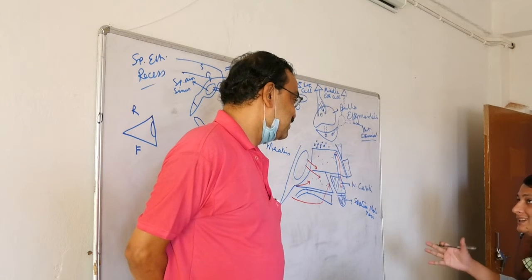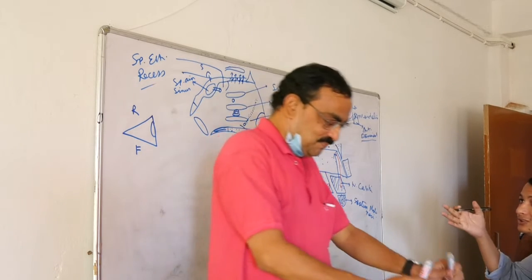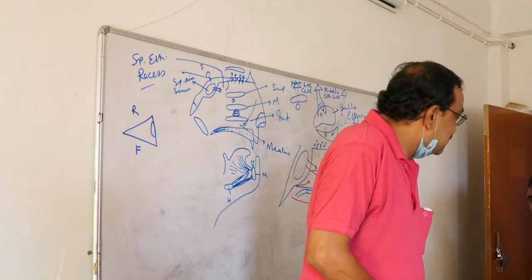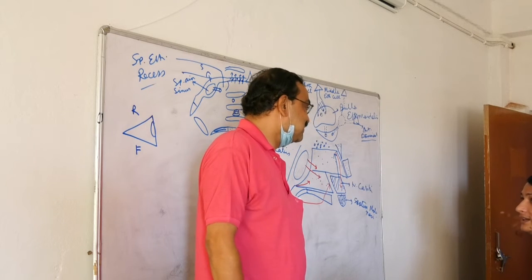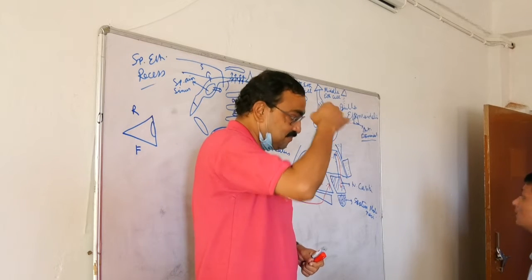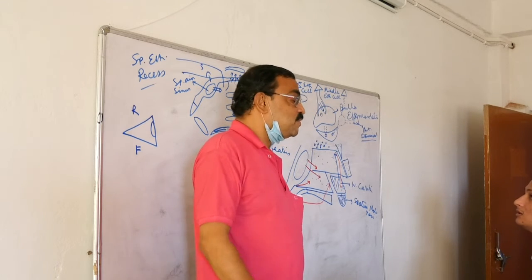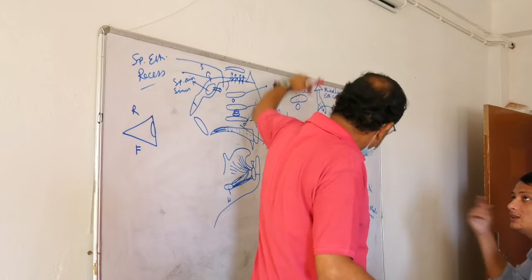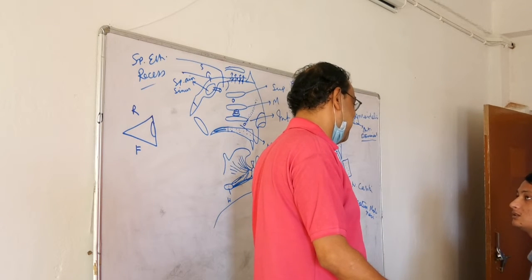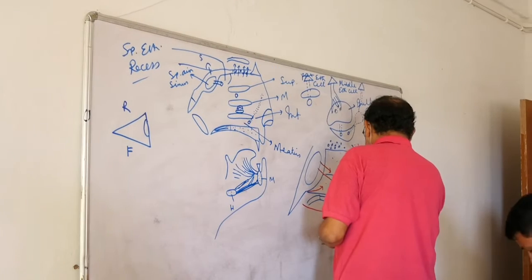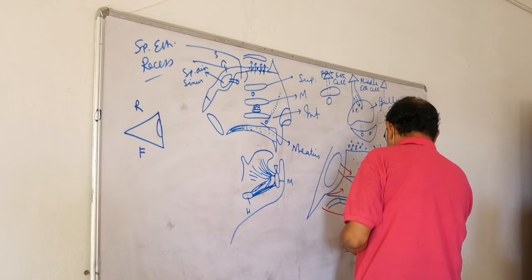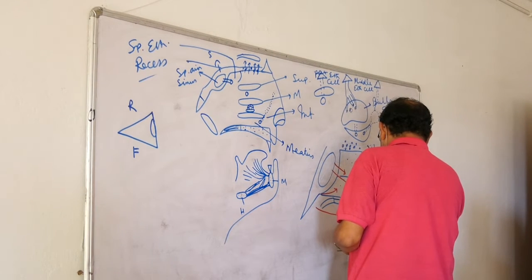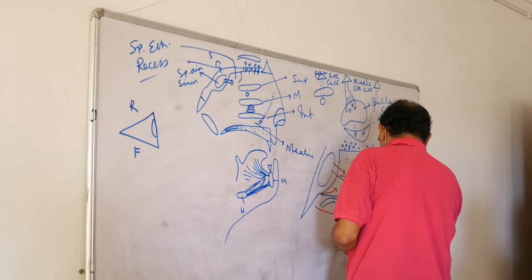Five branches: meningeal, external meningeal, external auditory, internal, deep temporal, and anterior tympanic.